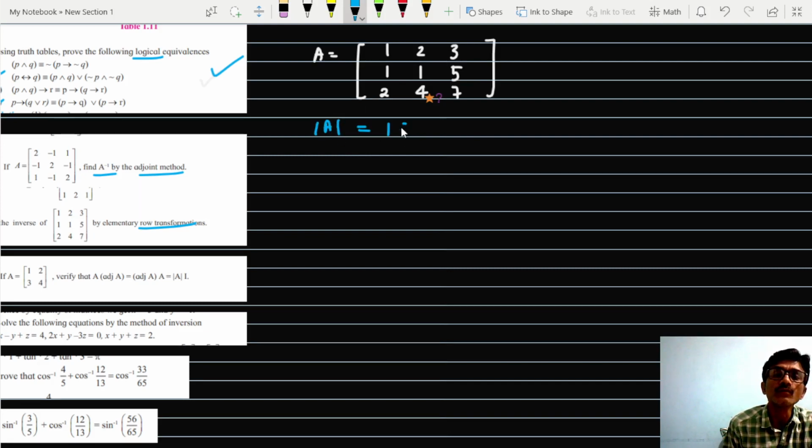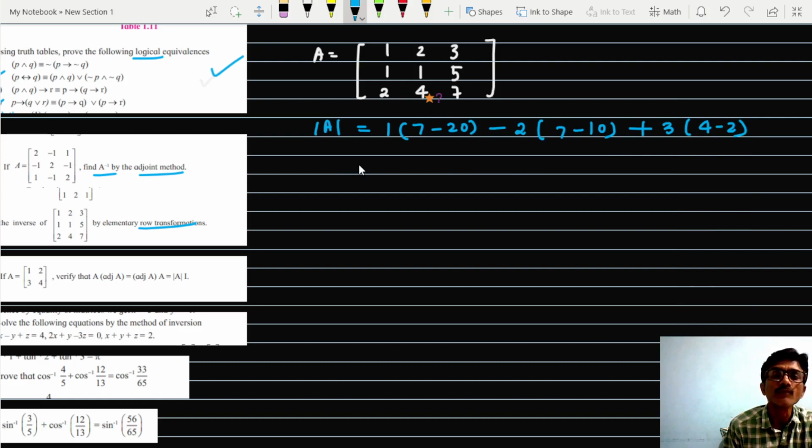So 1 into 7 minus 20, then we find the determinant by expansion: minus 2 into 7 minus 10, then plus 3 into 4 minus 2, that is equal to 2.